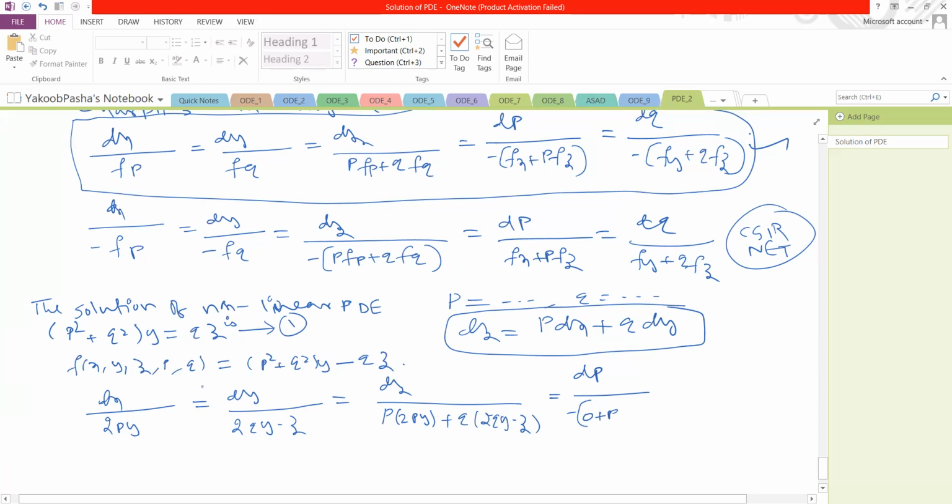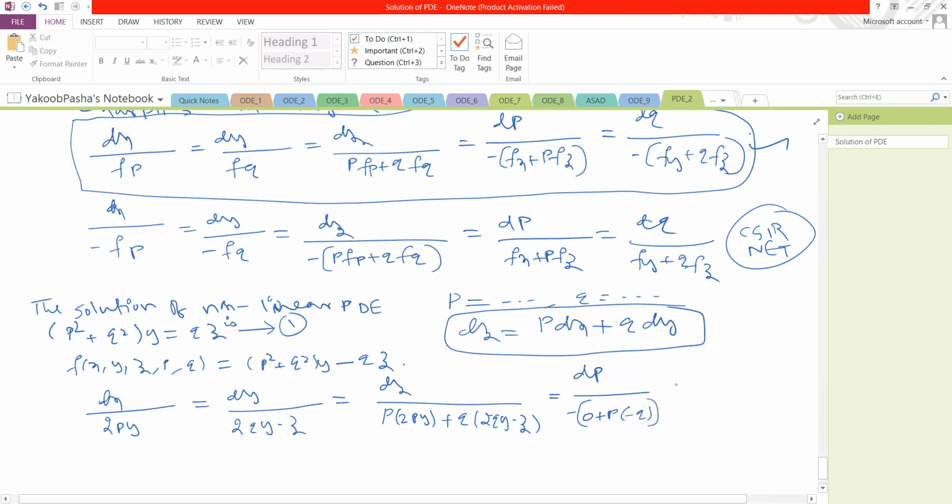Fp means we differentiate with respect to p partially. So p into fz; fz here is minus q.